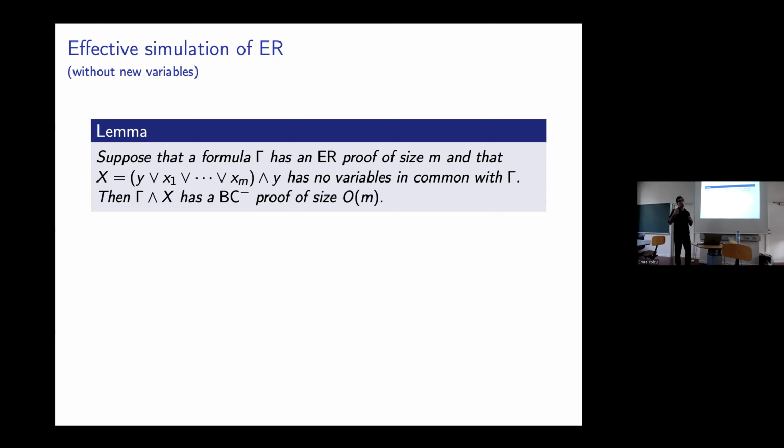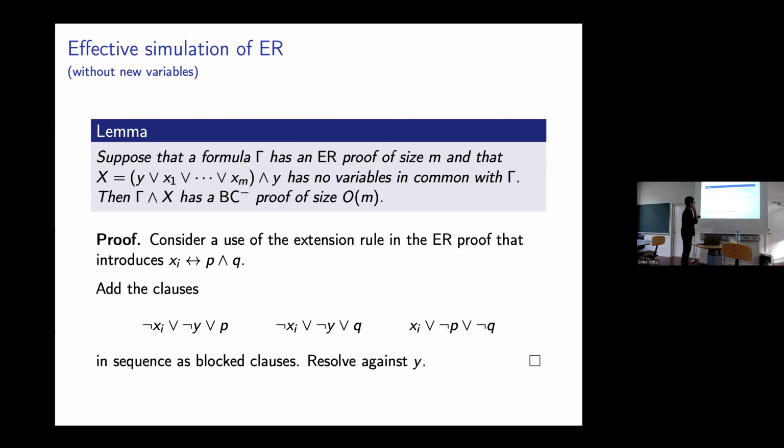But the other one doesn't gain anything from these new variables being there because they will be inaccessible to that other system. And I will give quickly how this actually works and also show you the clauses that are used in external resolution. So the gist of this argument is that you consider a use of the expansion.